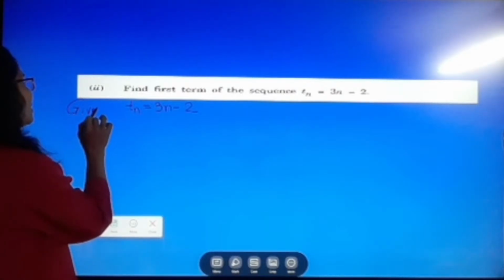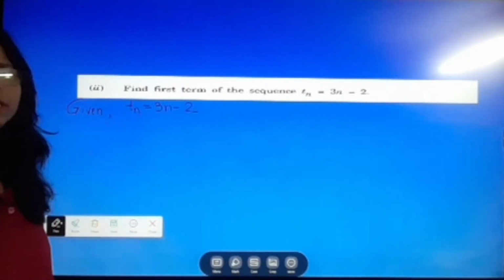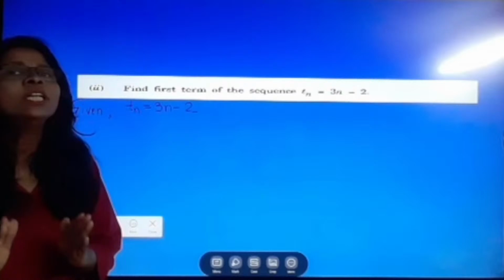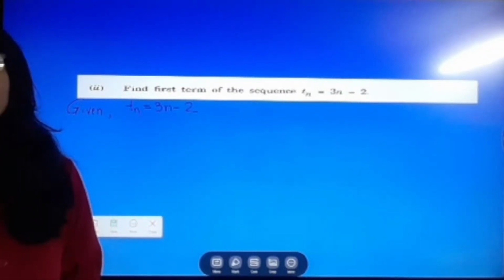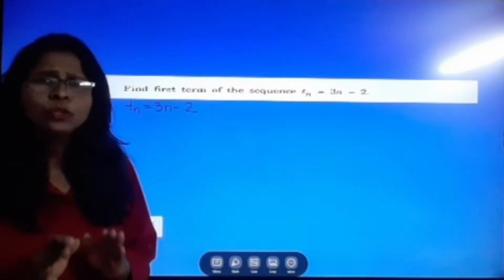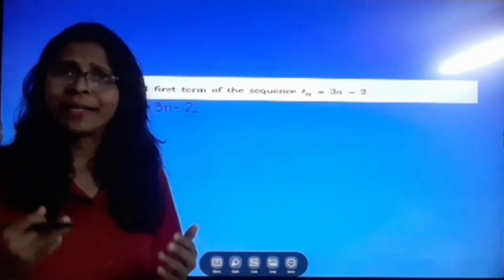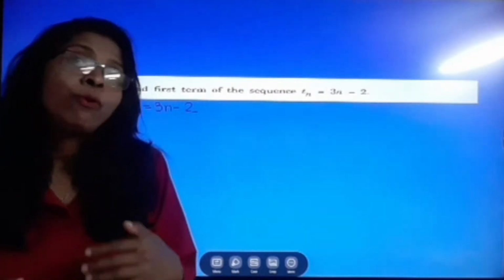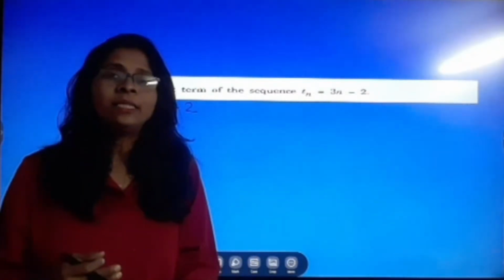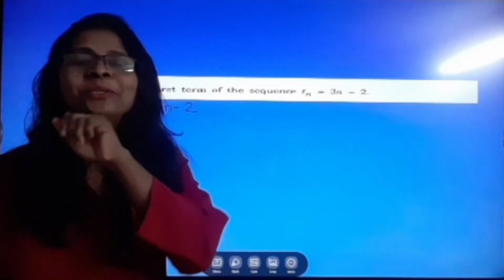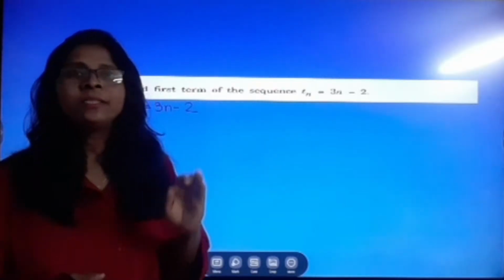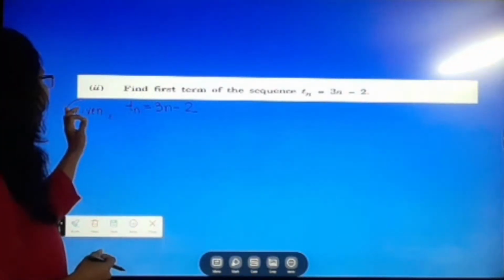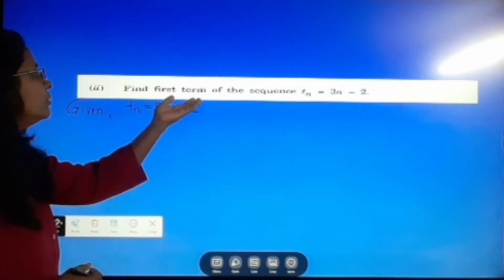This is the best activity, students: first write down the given for each and every example. Then you get an idea of what is given in the example and what you have to calculate. So that's the easy way: write down the given, find the first term.